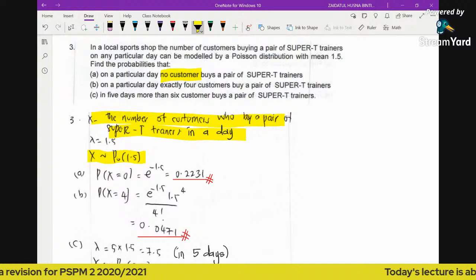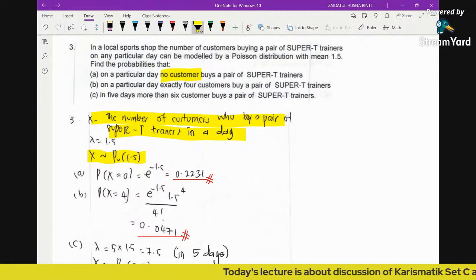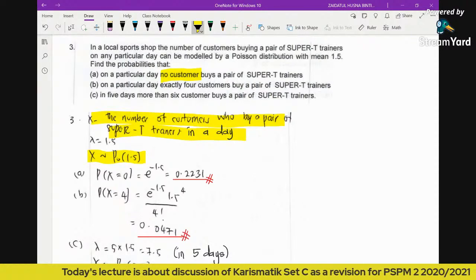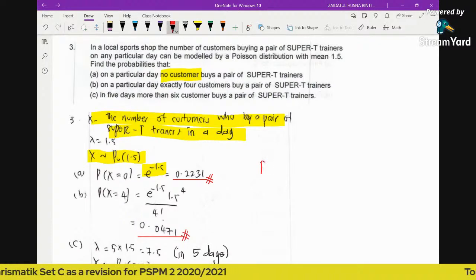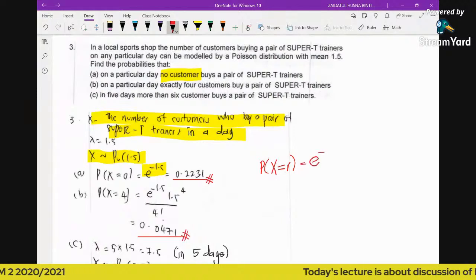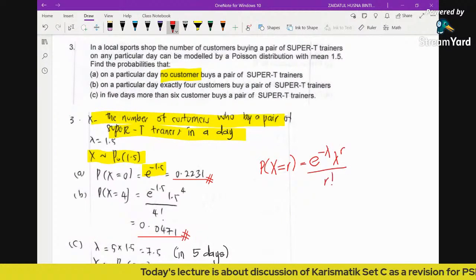To solve this, you just use the Poisson formula, and this will be given in the exam, so you must get this right. Because the formula is provided, it's just a matter of using the formula, so make sure you get full marks for this. The formula is probability of X equals r is e to the power of negative lambda times lambda to the power of r divided by r factorial.